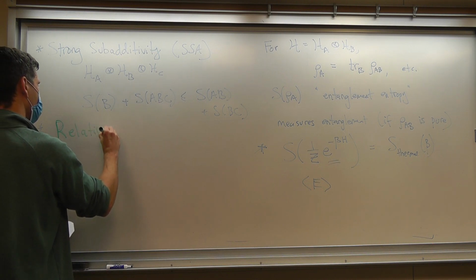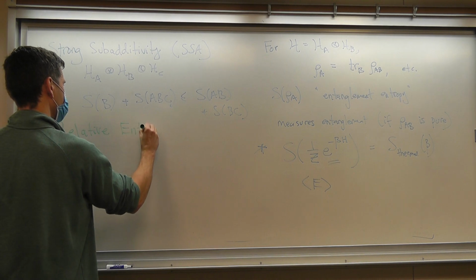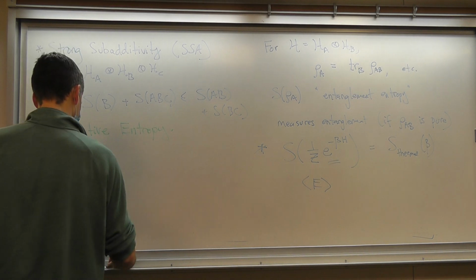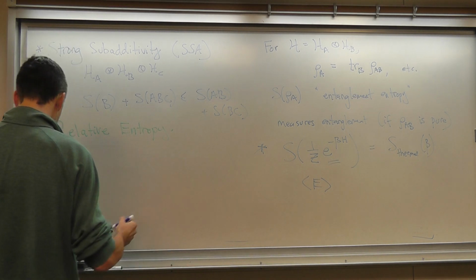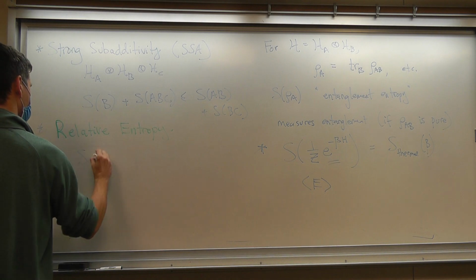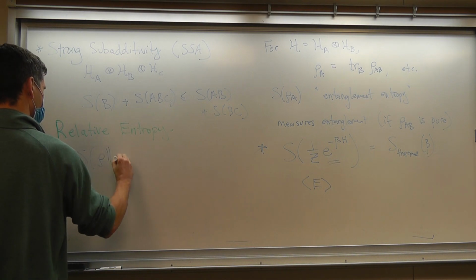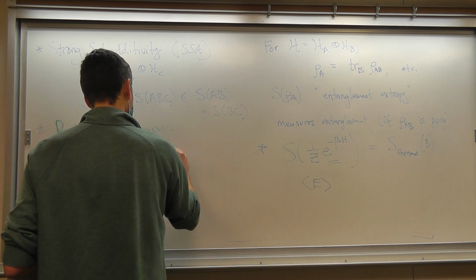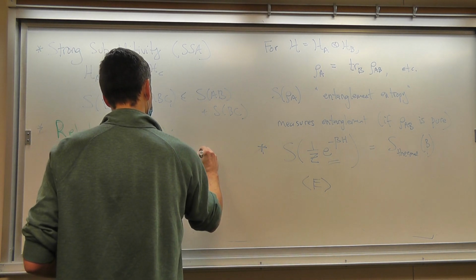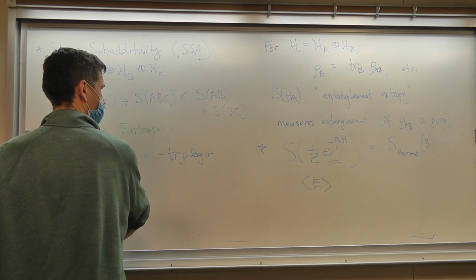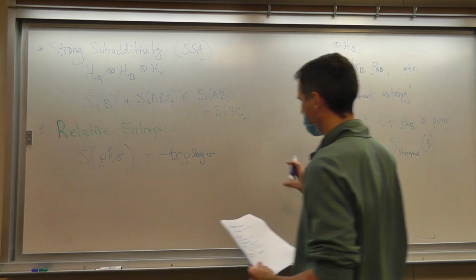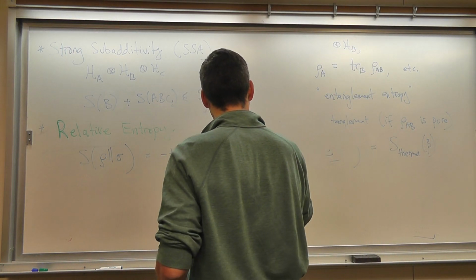One other thing that's useful to talk about is called the relative entropy. The relative entropy is a comparison between two density matrices, rho and sigma. It's defined to be minus trace of rho log sigma plus trace of rho log rho.